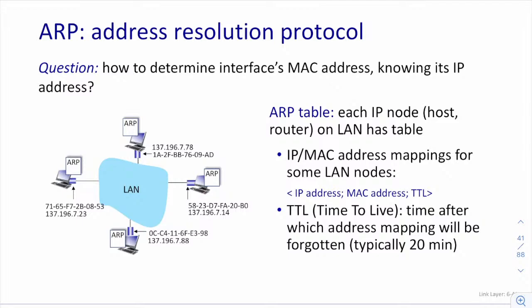at layer 4, if you want to contact a web server, basically you know its port number, right? Usually it's port 80, and your source port is a random number.